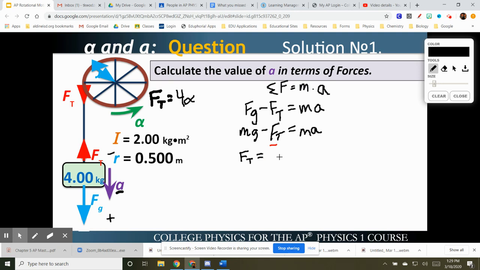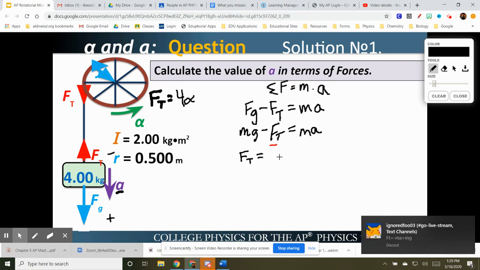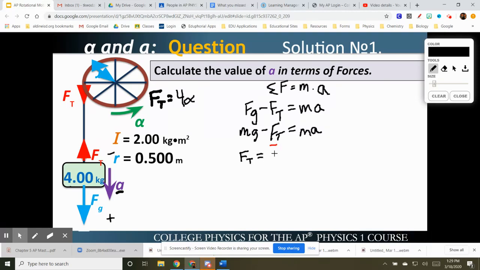So if you don't like doing it this way in forces, then you'll get to see if you would like to do it in terms of energy instead. Yeah, that's correct, Gabriel. I'm just gonna kind of make it easier for us. I'm gonna say mg minus ma. So I just distributed the negative through.